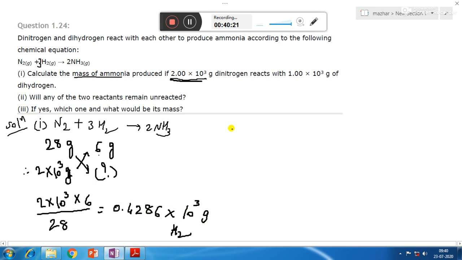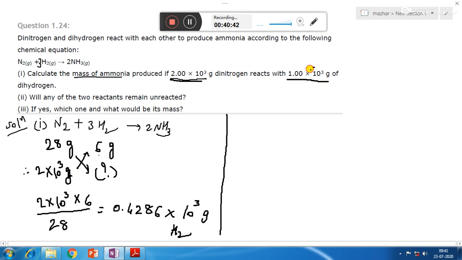Now here you will see that according to the balanced equation, 0.4286 into 10 raised to 3 gram hydrogen should be used against the given amount of nitrogen, but the given amount of hydrogen is 1 into 10 raised to 3.